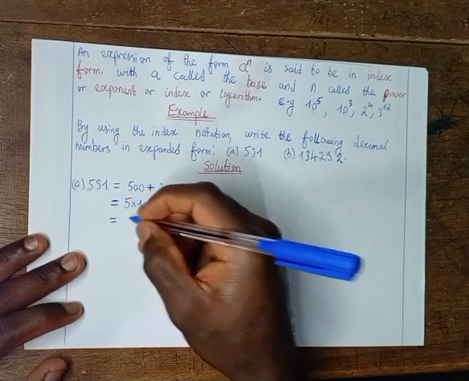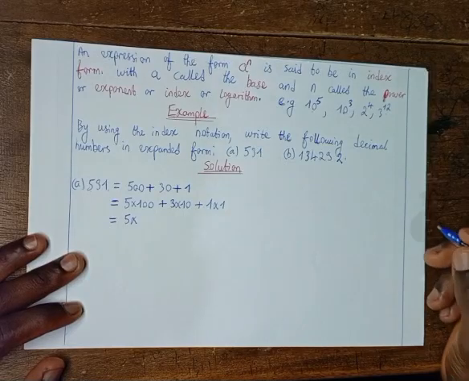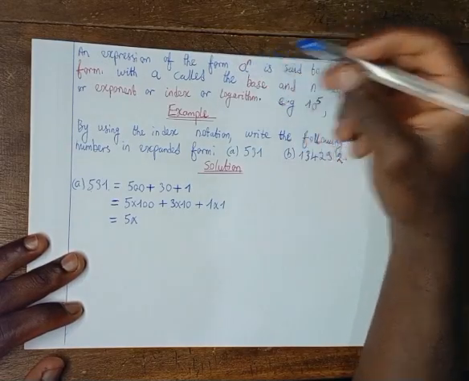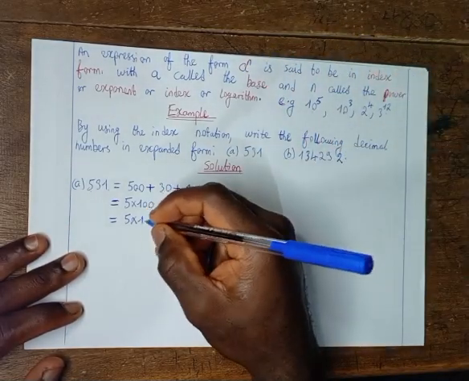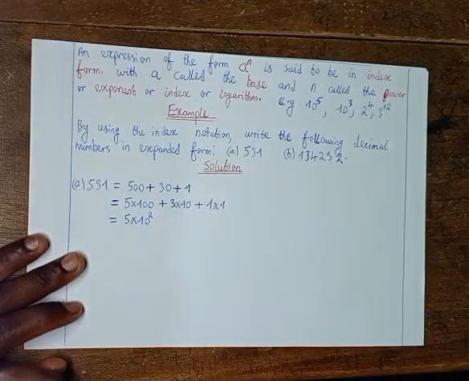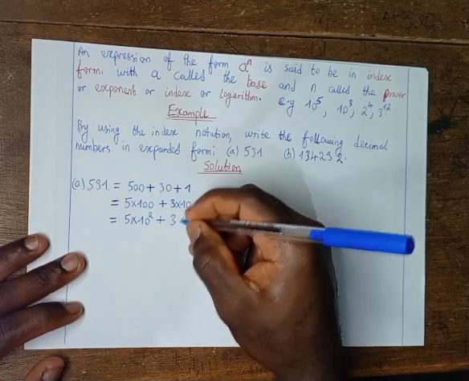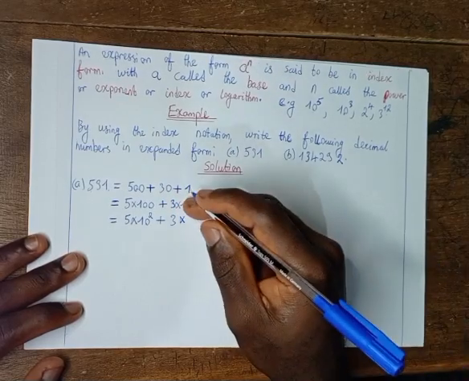This is simply equal to 5 times, we know 100 in index form is simply the same as 10 to the power 2, 100 has 2 zeros, plus 3 times 10.